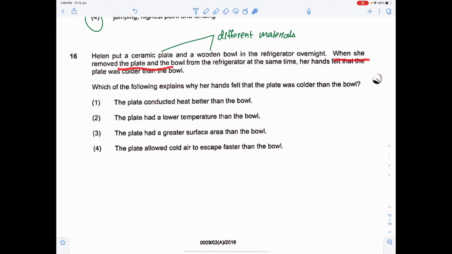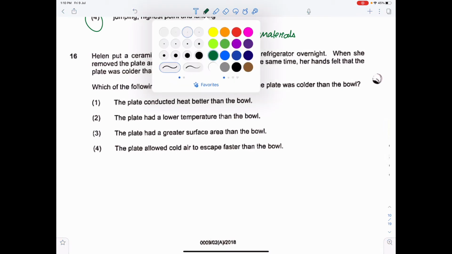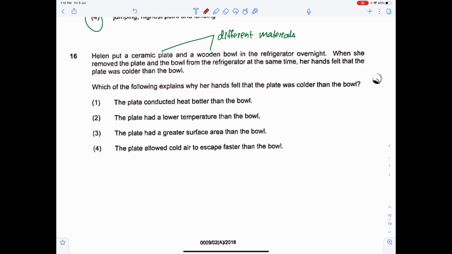When she removes the plate and bowl from the refrigerator at the same time, her hands felt that the plate was colder than the bowl. So straight off the top, I felt that the topic that they're testing me is actually heat and temperature, and the concept that they want to really look into would be conductors of heat. Right? Okay? Which of the following explains why her hands felt that the plate was colder than the bowl?